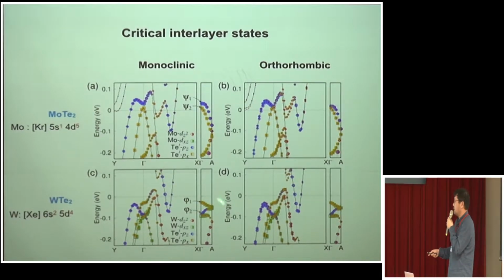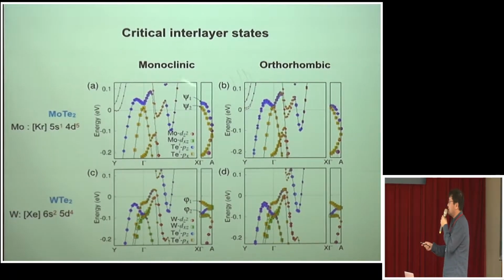So it is somehow two-dimensional, but it has a three-dimensional dispersion. So when you have the monoclinic and also orthorhombic phases, there is charge transfer from the interlayer dispersion to the intralayer states, so that they can make a barrier for the monoclinic and orthorhombic transition.